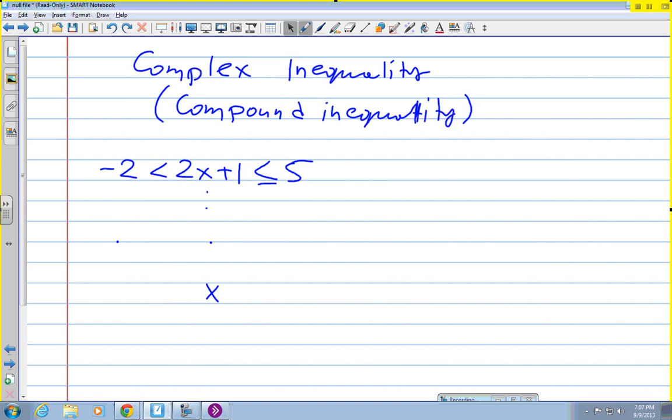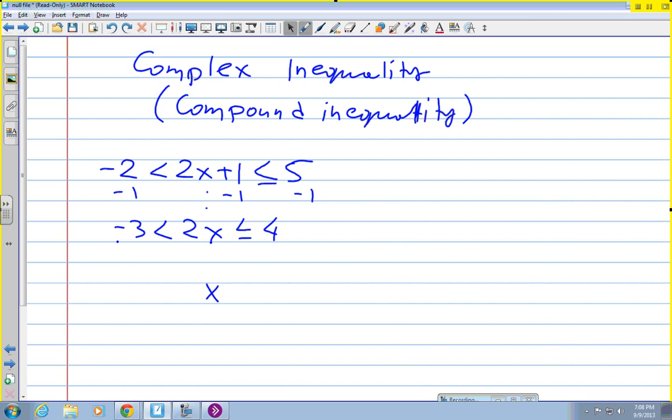All right? So if you're trying to get x in the middle by itself, what is the first thing you're going to do? Subtract by 1. Yeah. So subtract 1 all the way through. So you'll get negative 3 less than 2x less than or equal to 4. Okay?